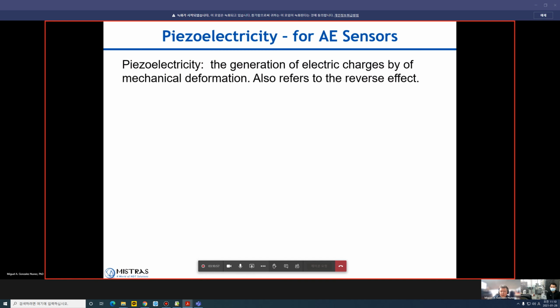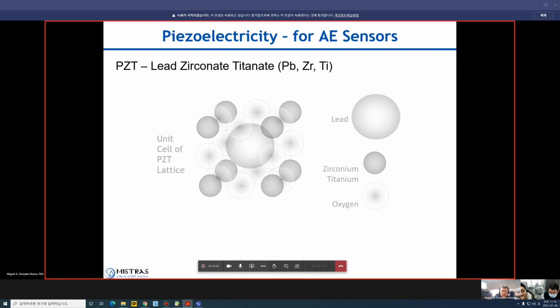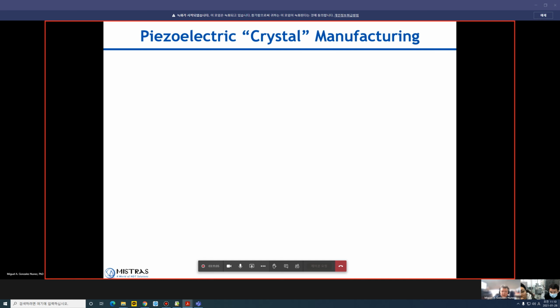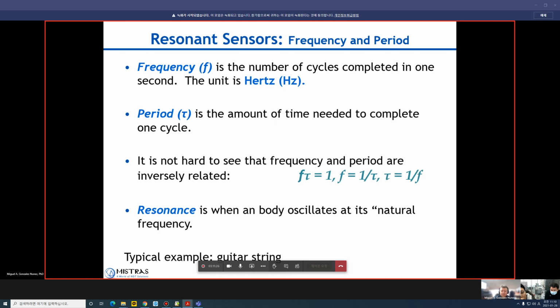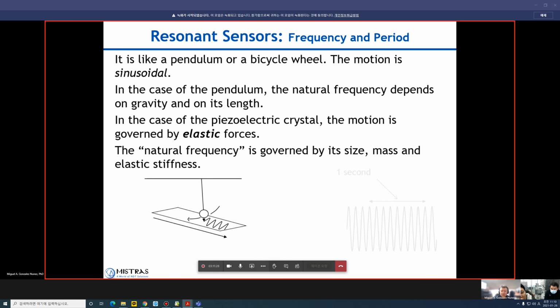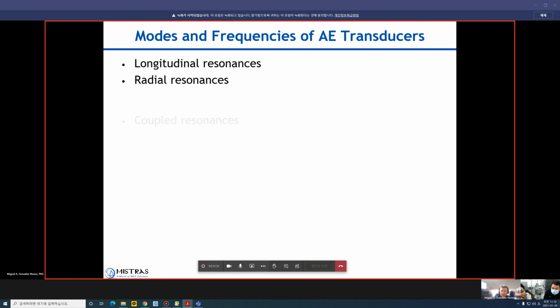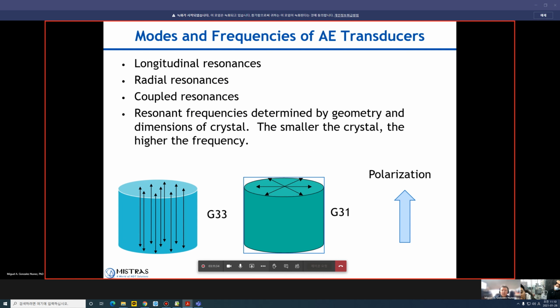So you see this presentation that we have for the sensor construction. I'm going to skip all of this. This is just theory, but this is basically the concept of the sensor. It is a crystal, and it is polarized.